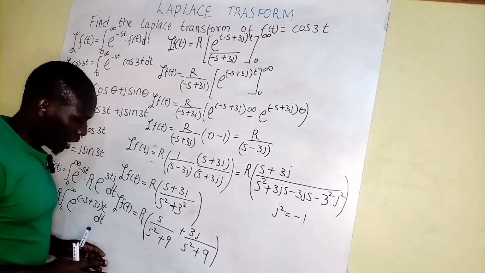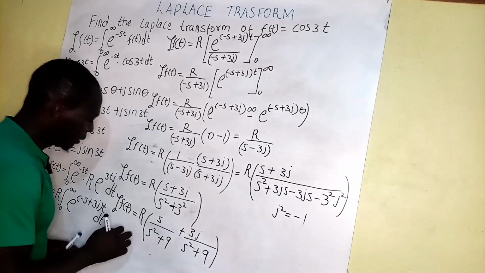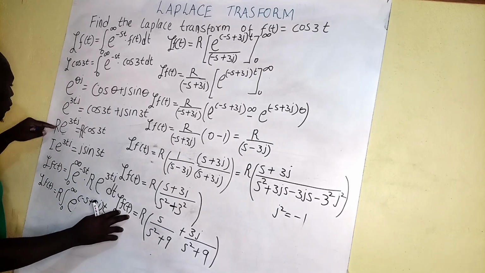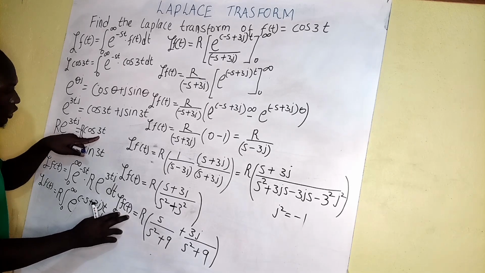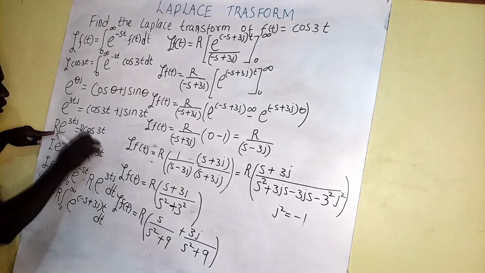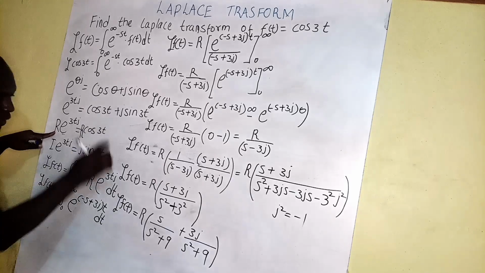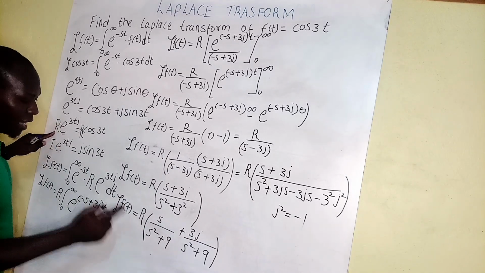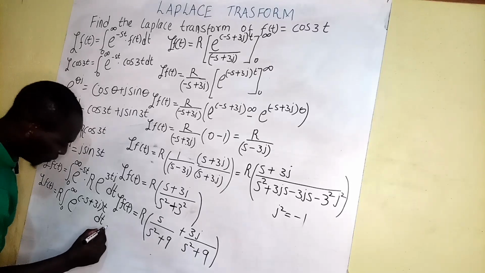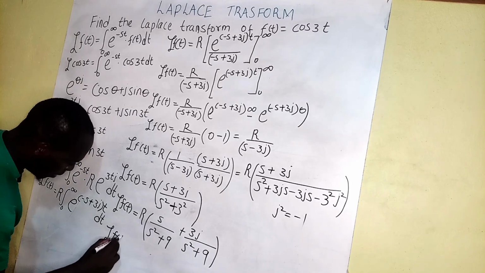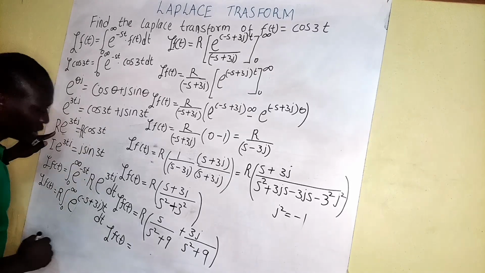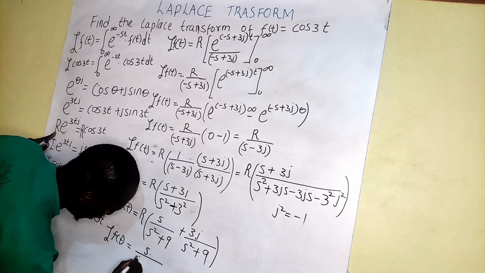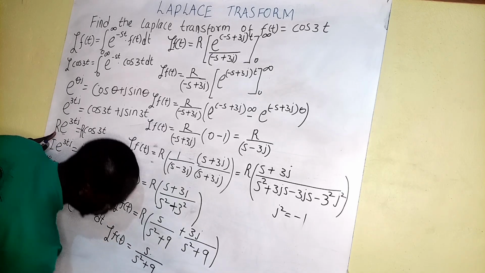At this point, what we need to understand is that our function f of t was equal to cos 3t. Cos 3t was located on the real side, and that is the reason why we are having here an R. Hence, the Laplace transform of our function f of t is going to be equal to s all over s squared plus 9.